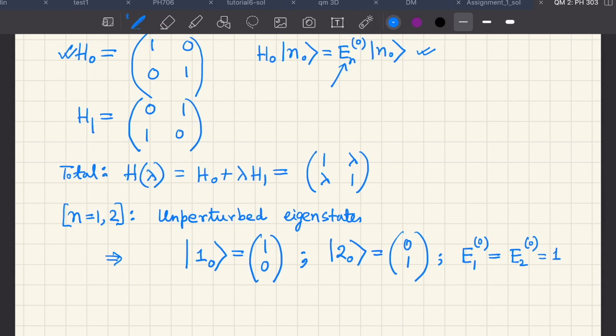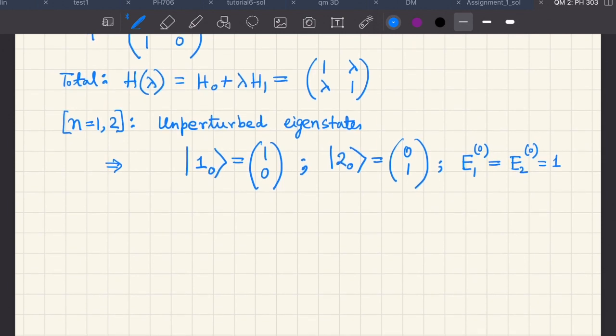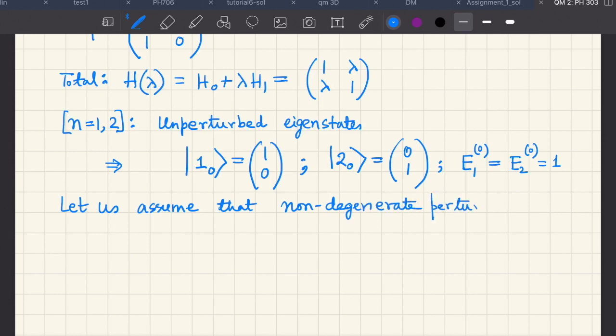Now with the perturbation introduced, to first order in lambda, the eigenvalues predicted from the non-degenerate perturbation theory, if you remember, let us assume that non-degenerate perturbation theory still works.